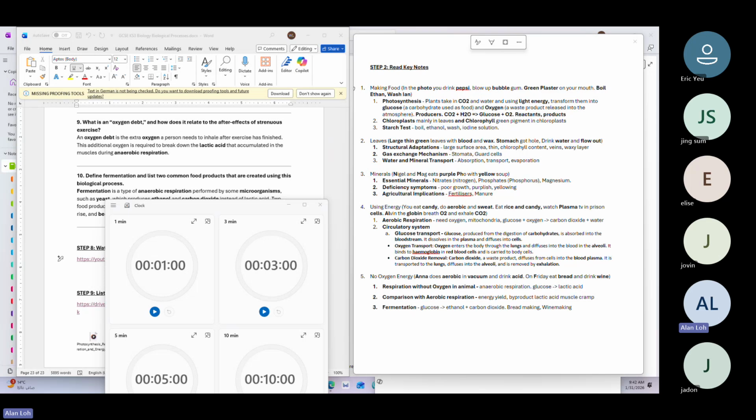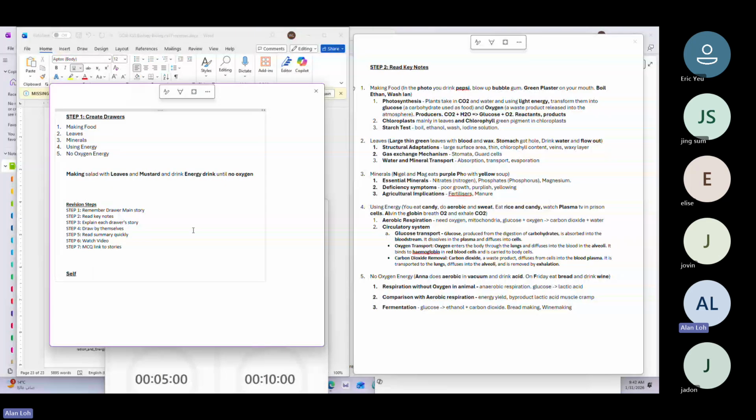Let me just write down here. This is after the revisions. This is self-revision. First step is the story. Second step is the drawer names in sequence.